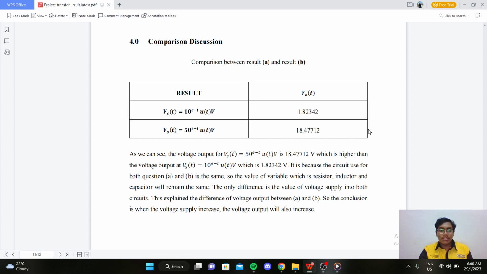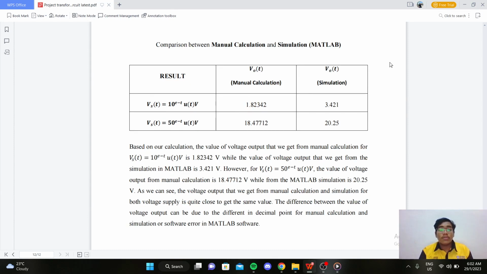The last one is the comparison between the manual calculation and simulation in MATLAB. This is the table of the results for manual calculation and simulation.